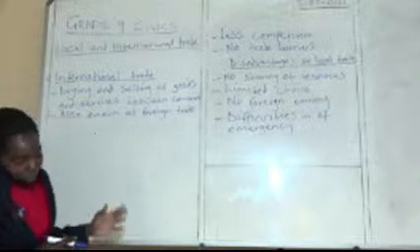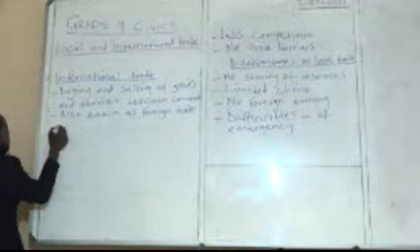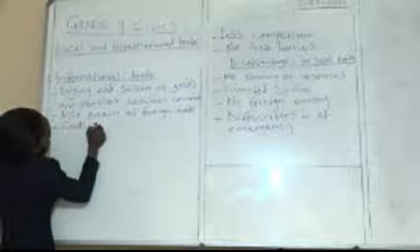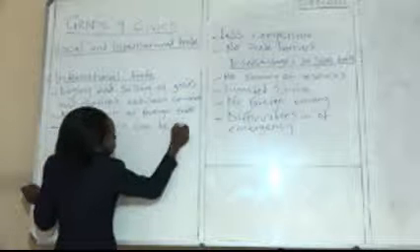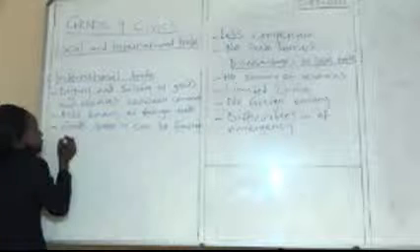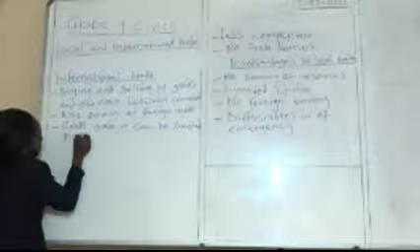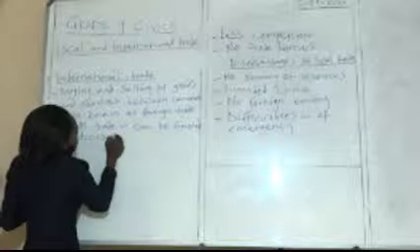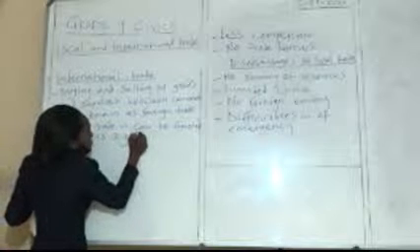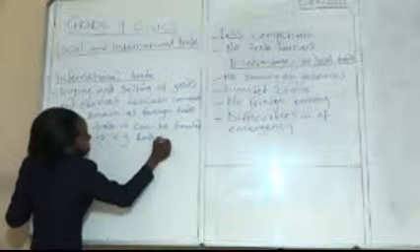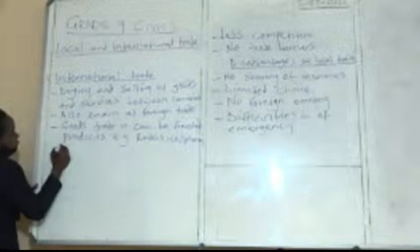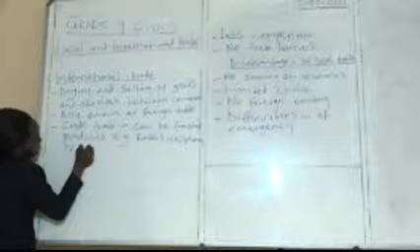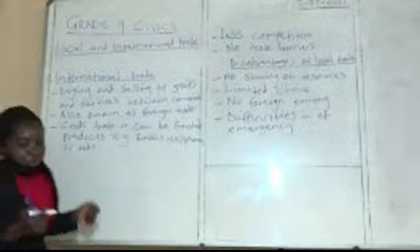So examples of goods traded are finished products like radios, cell phones, TV sets, and many other finished products.